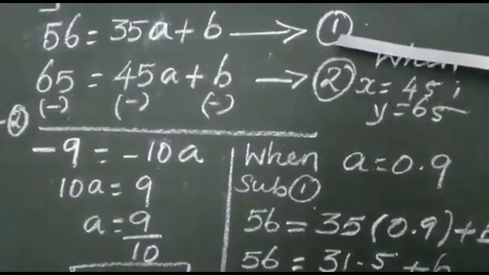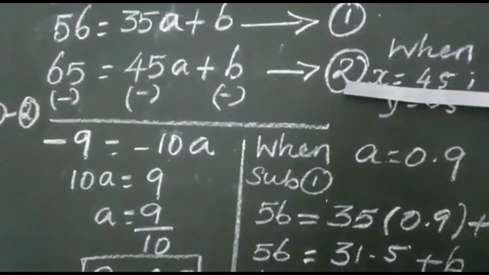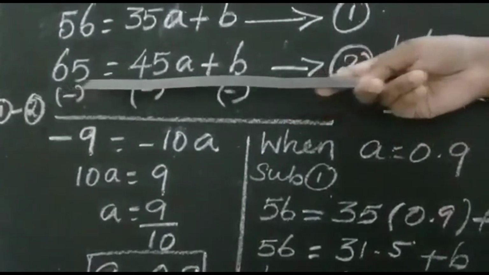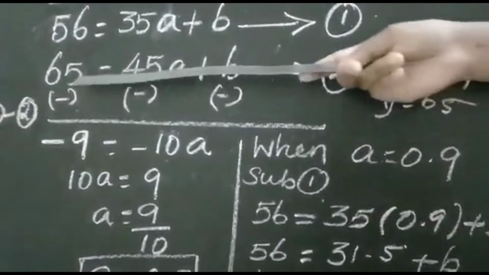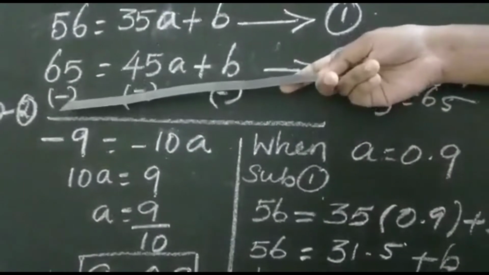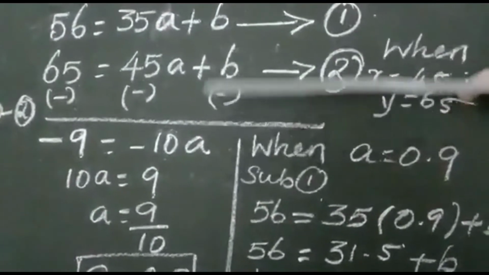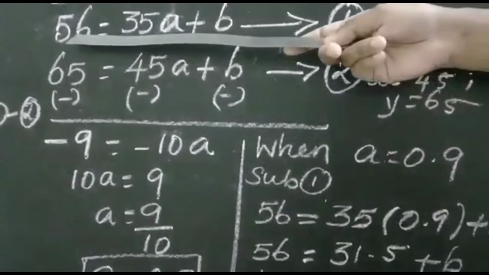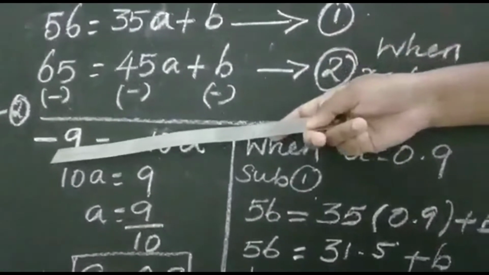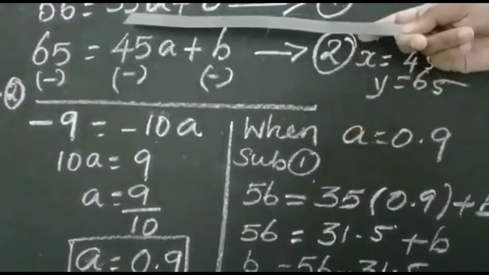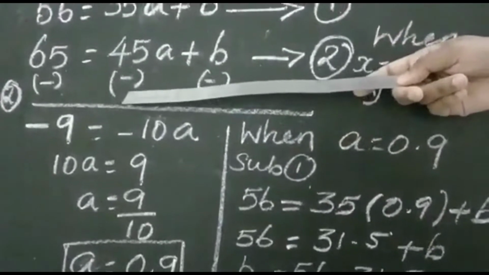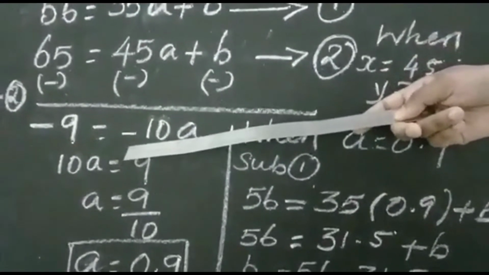Now subtract equation number 1 minus 2. Change the sign in the second equation: here plus 65 becomes minus, and here also minus, here also minus. Now add equations 1 and 2. 56 minus 65, the answer is minus 9. 35a minus 45a equals minus 10a.